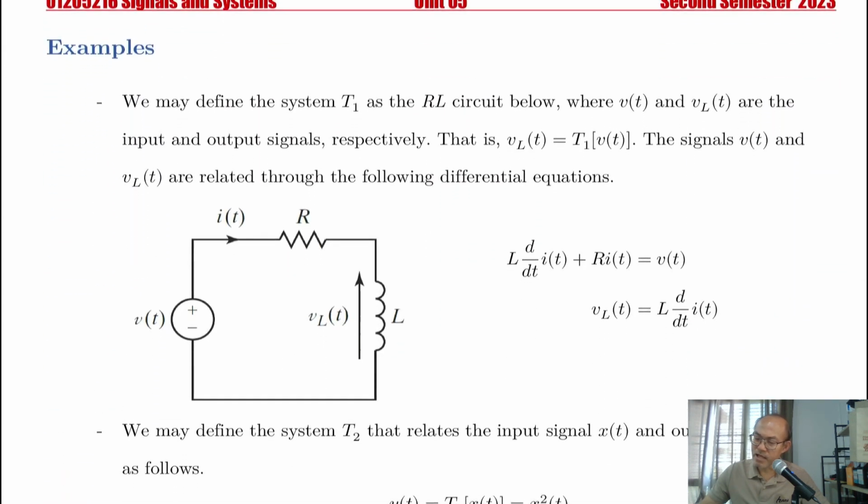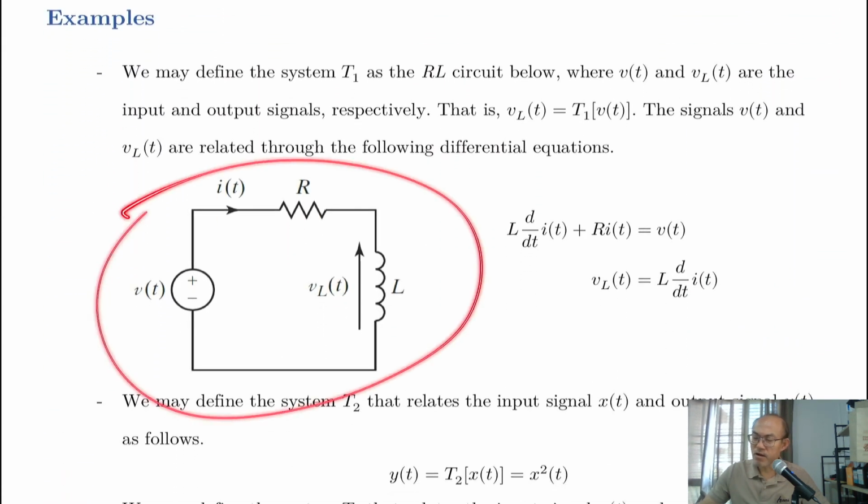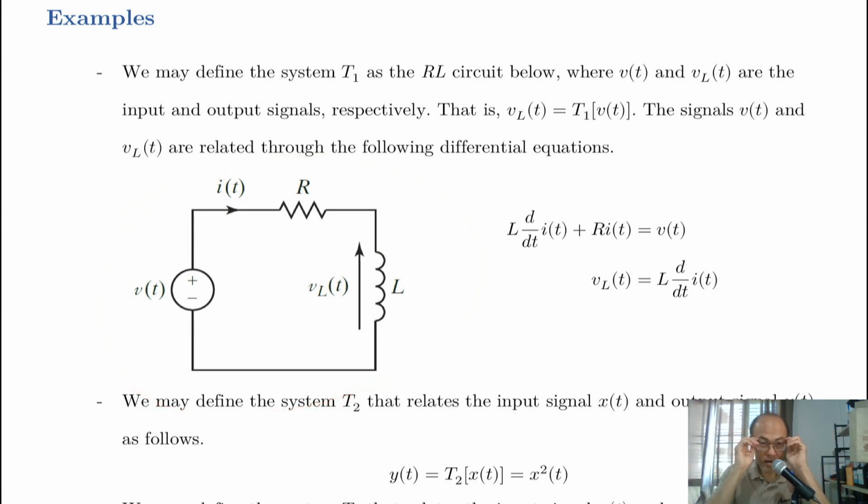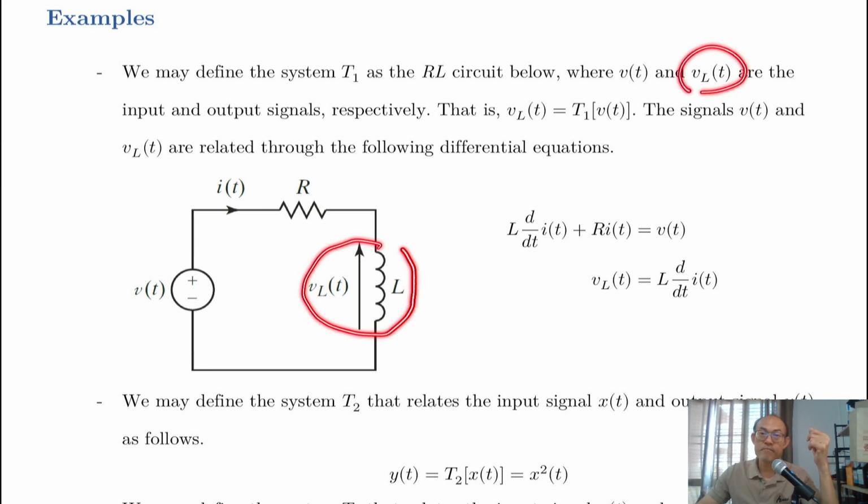Now, example. Suppose we have this RL circuit, and we call this circuit system T1, and we take V, which is the voltage here, as the input signal to this circuit T1, and we take the voltage across the inductor VL as the output of the system.